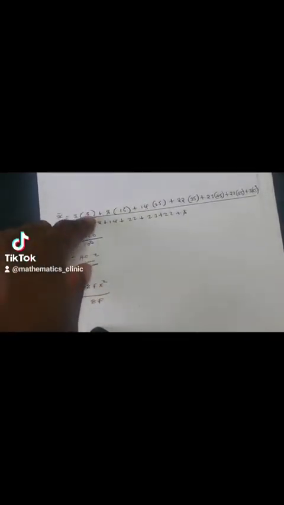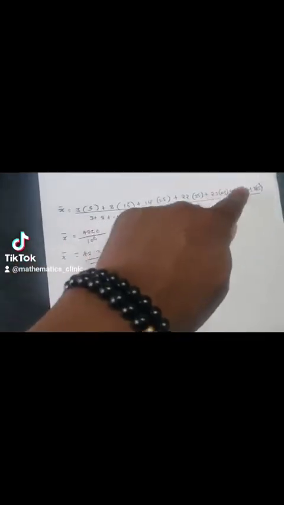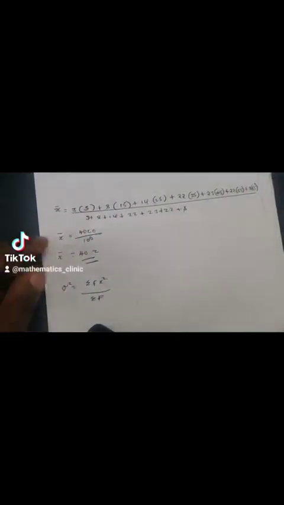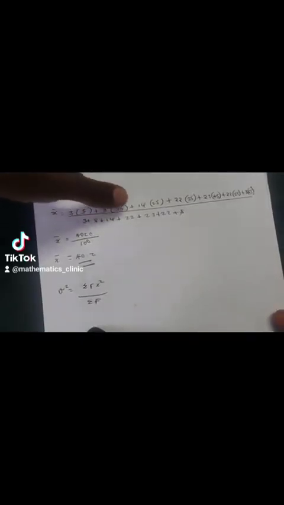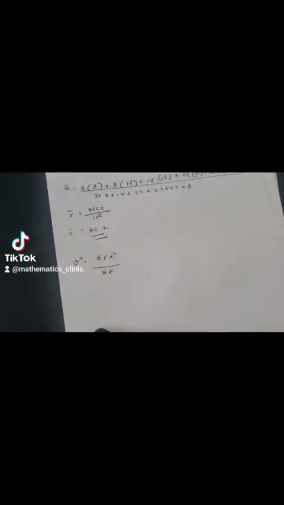Then x is the midpoint, and that x is the one being squared. So we square the 5, 15, 25, 35, 45, 55, and 65. After that, we multiply them: 3 by the square of the first, plus 8 multiplied by the square of the next, and so on, then over the summation of f, which is 100. Just a quick reminder.